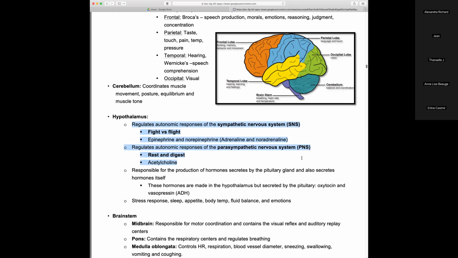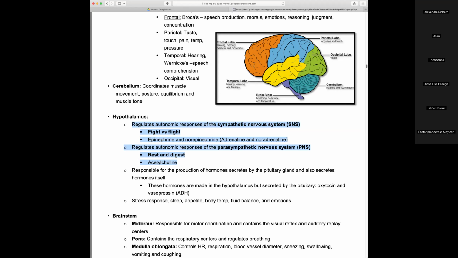The hypothalamus regulates what is called autonomic responses. When you see the word autonomic, I want you to think automatic. Autonomic, automatic. Autonomic responses include the sympathetic nervous system and parasympathetic nervous system.